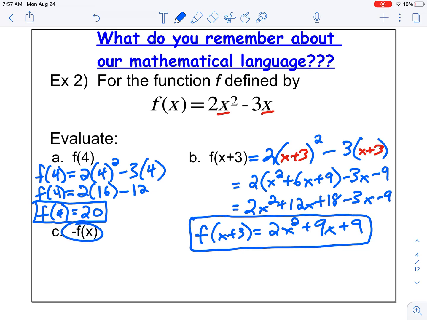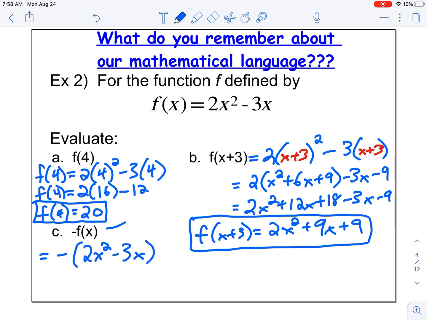Now this one over here is a little strange. I've already plugged in x everywhere. This is what I have up here, so that doesn't affect anything. But what this really basically wants me to do is take the function f of x and multiply it by a negative out front. Basically multiply it by -1. So what this is going to turn into is just a negative out in front of 2x squared minus 3x, right?